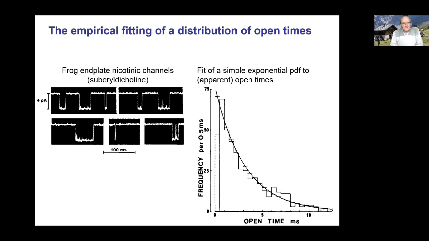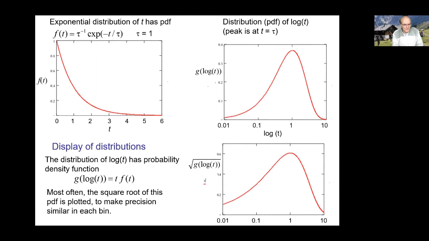This occurred in one of the earliest lectures, a distribution of open times fitted with a simple exponential probability density function. It doesn't fit very well, especially at the low end, but that's what we can do.